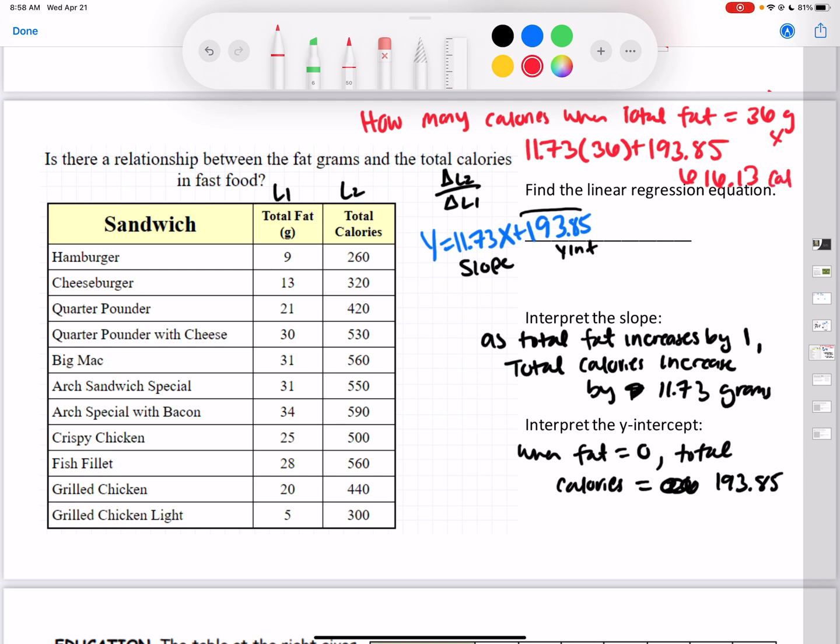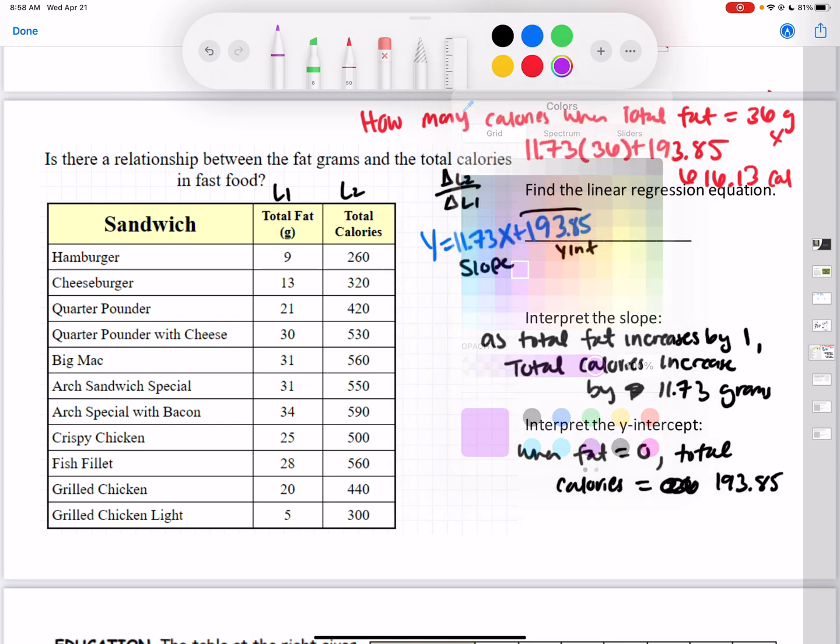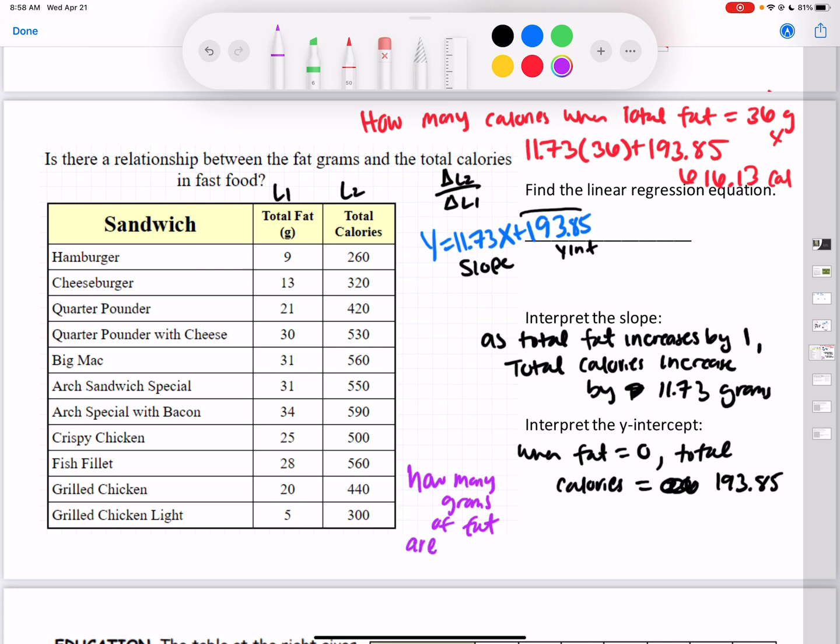And then on the flip side of it, I could say how many grams of fat is equal to, let's say, 480 calories.